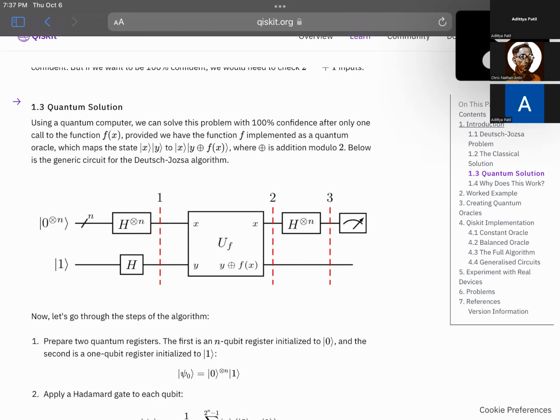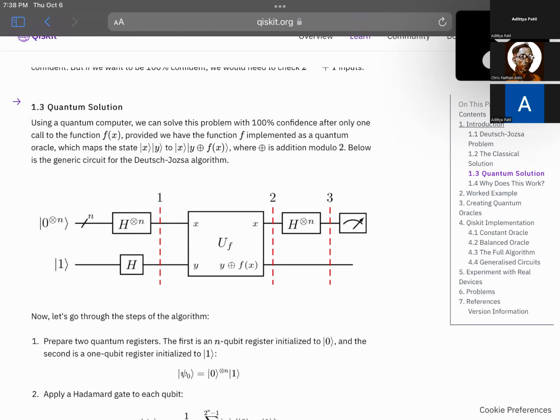Here f of x is our oracle. You take that certain number of bit strings, put it into x, and it'll return either a 0 or a 1. The plus with a circle is addition modulo 2. And below is a generic circuit that can be given for this problem.